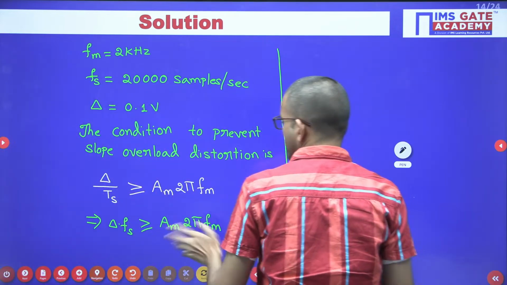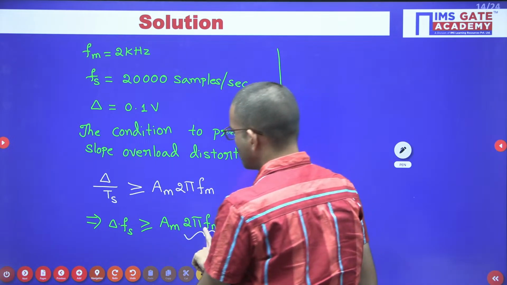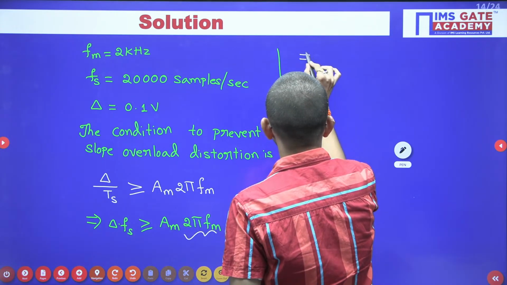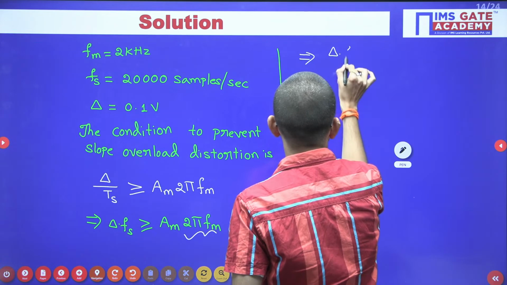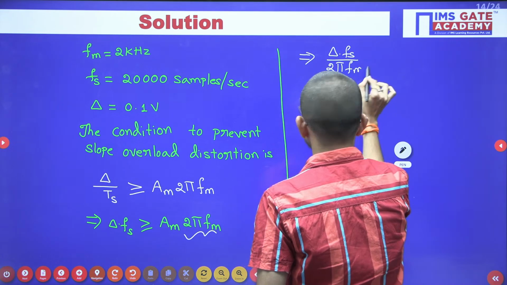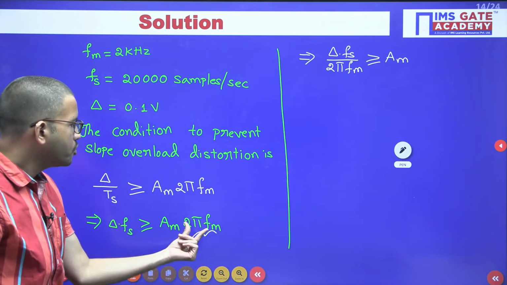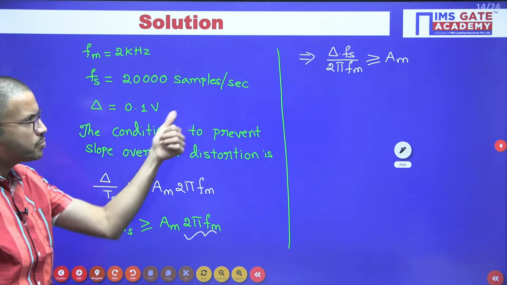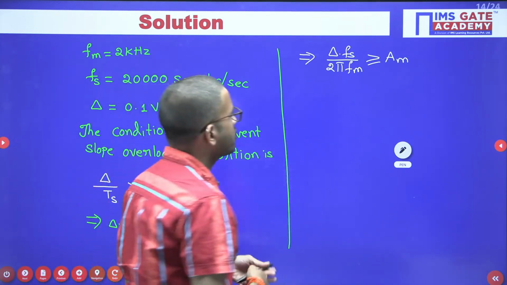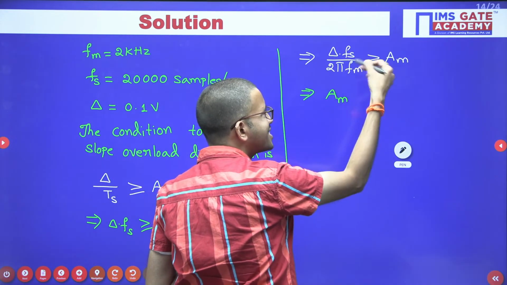Now let us rearrange this equation. If you bring 2 pi FM to the left hand side, you get delta into Fs divided by 2 pi FM, which is greater than or equal to AM.